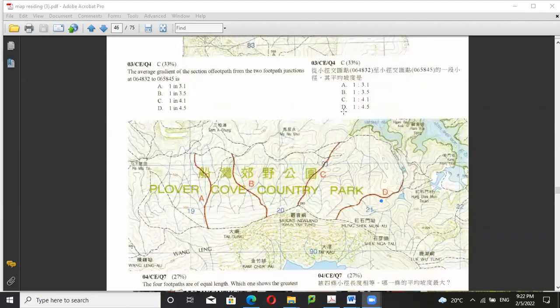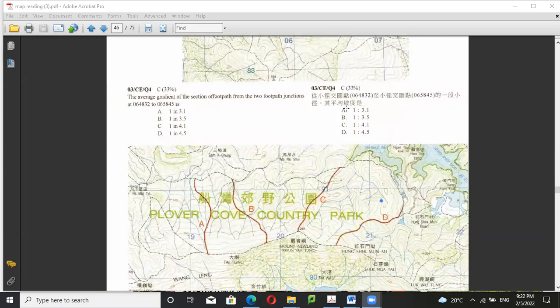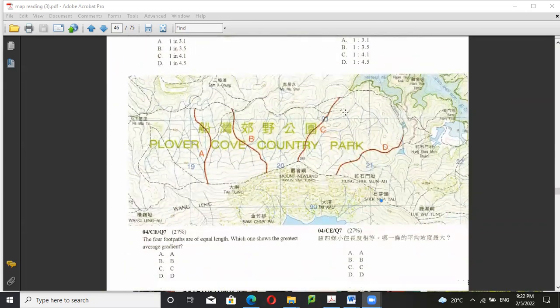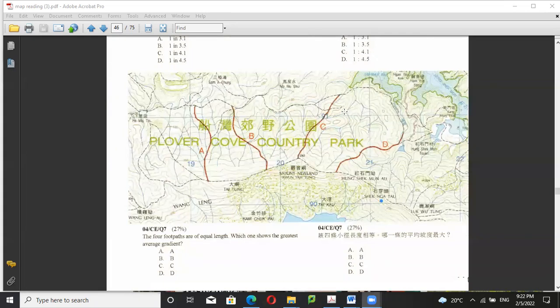For 04 you can see this is C, so I'm not really going to talk about this, because of time. I don't want to spend your time that much.